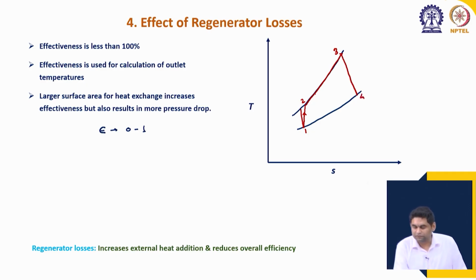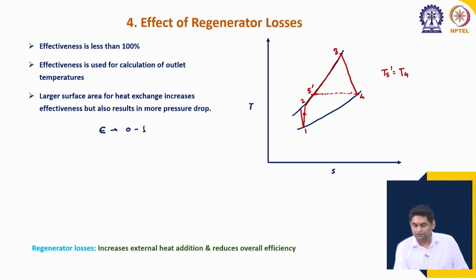The maximum theoretically possible temperature is, let us say, 5 dash, where T5 dash equals T4. That is dictated by the temperature at the turbine exit, because that is the maximum temperature of the exhaust gases. We cannot heat the air beyond the temperature of the exhaust gases, because the exhaust gases are the source of heat.